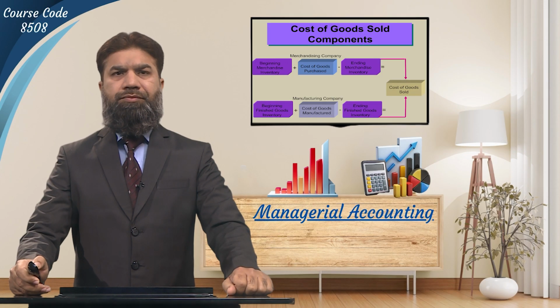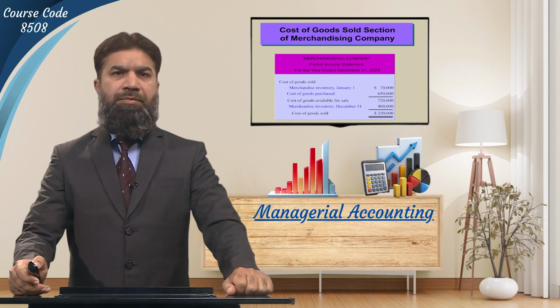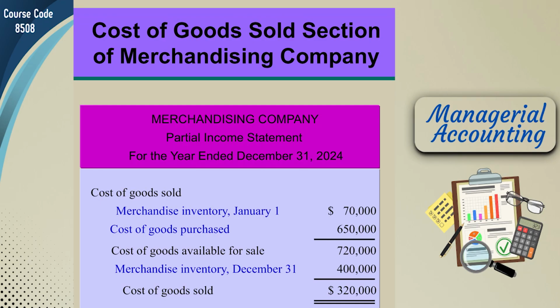Dear students, here is a template of the cost of goods sold section for the merchandising company, because a merchandising company only buys goods in bulk quantity and sells in small quantity.